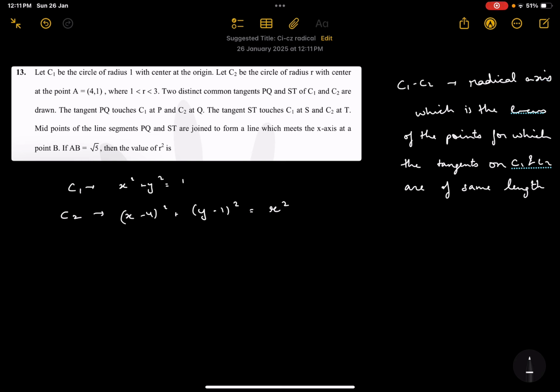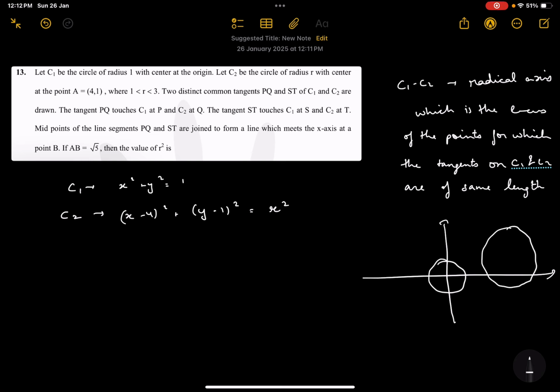line joining midpoints of PQ and ST is the same line as the radical axis, because what we are given is this is our circle, say this is our second circle, and this is our line, then this and this are the midpoints.